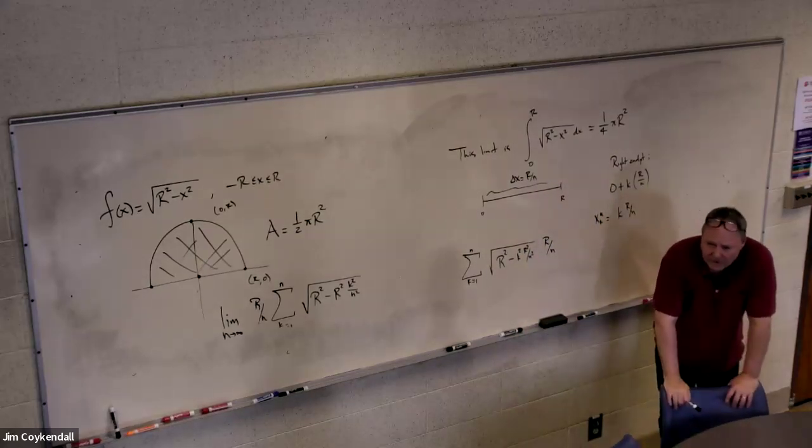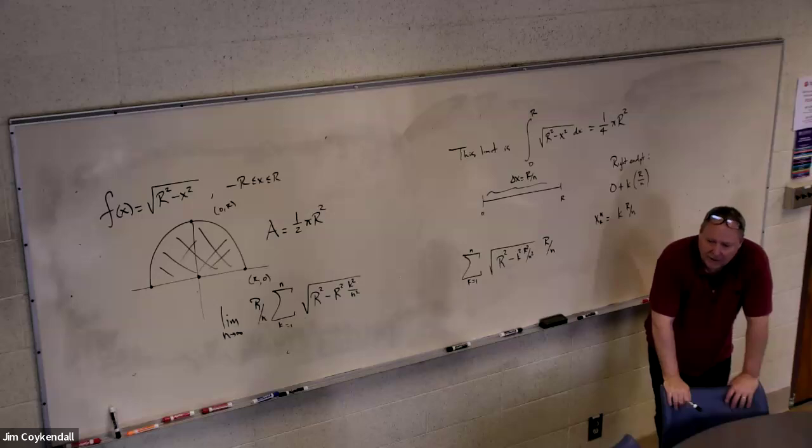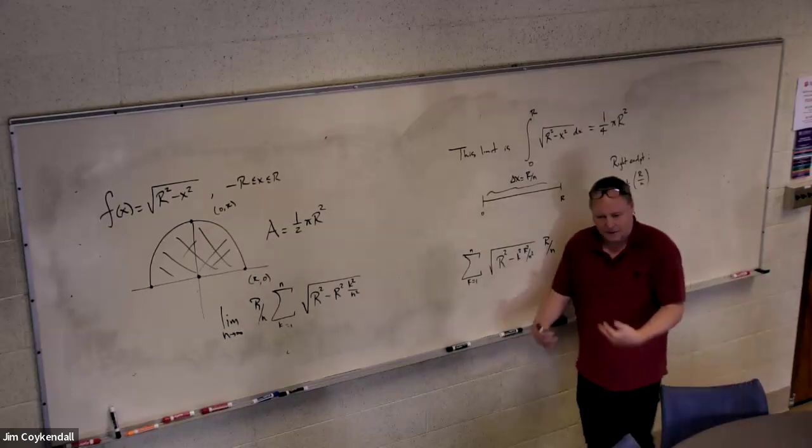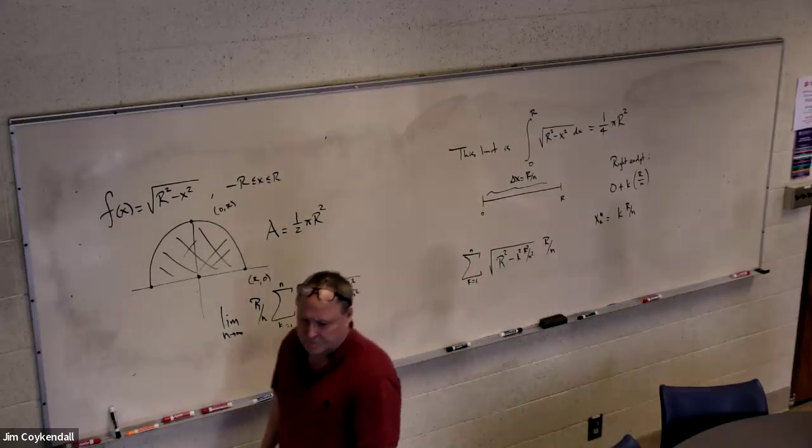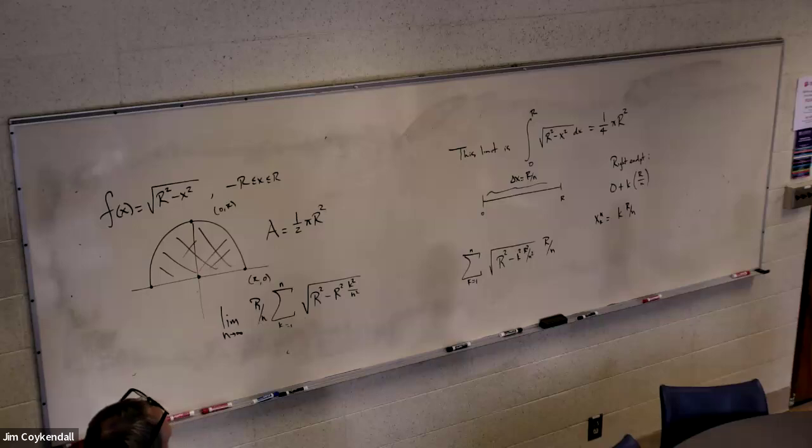Does that make more sense? It takes a little practice to pick it out, right? It's easier to say, here's the integral and build the sum. It's a little bit more difficult to take the sum and go backwards. But this is similar to one that I just did with cosine.